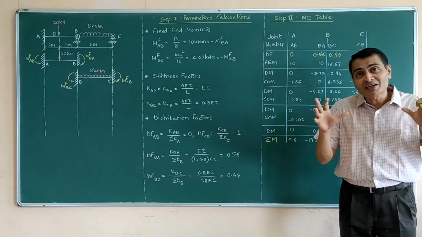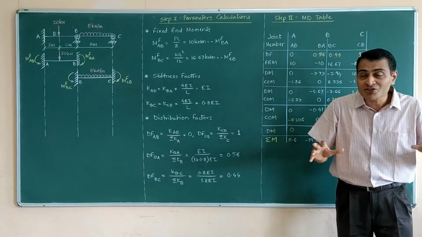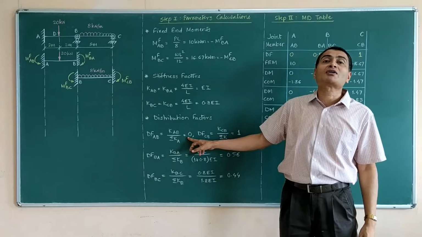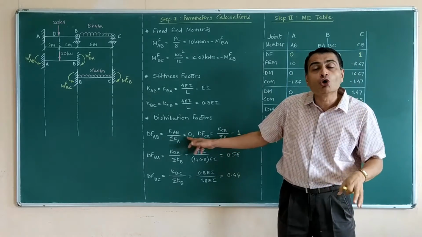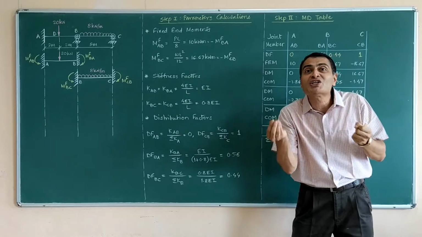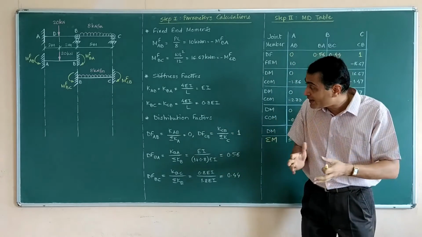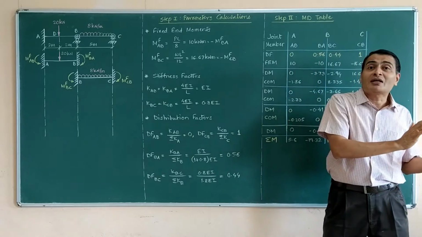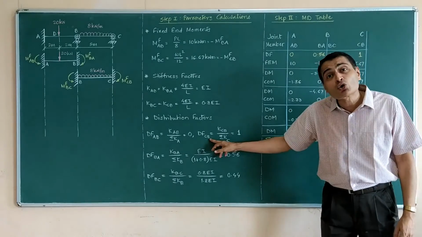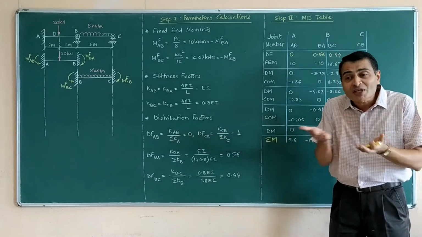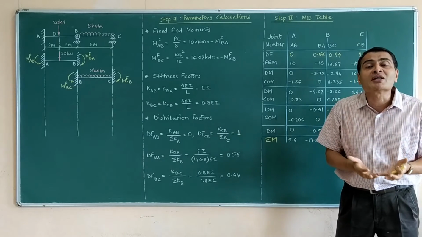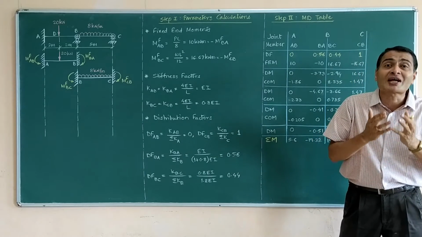So see, these two very interesting cases I have written first. When you come across a fixed joint, the distribution factor for that connected member is 0, because the fixed joint will absorb the total moment. It will not give any share to the connected member. Whereas, diametrically opposite, when you come across an exterior roller or exterior hinge joint, that supporting base is not contributing to the moment resistance at all, to the stiffness at all.